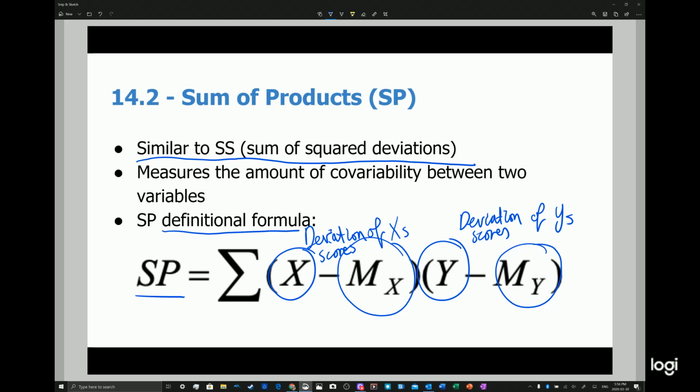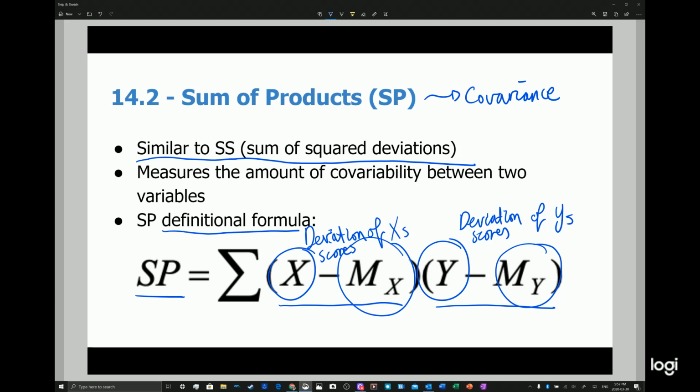We want to capture the zero if there actually is no covariance, if it actually does cancel each other out, which is why we do not square the deviation scores and we keep them as the power of 1. We multiply the x deviation scores with the y deviation scores. That's the sum of products. That's going to be your foundation for covariance.